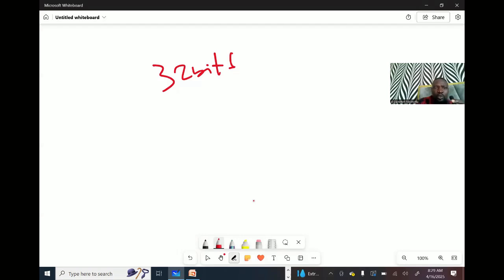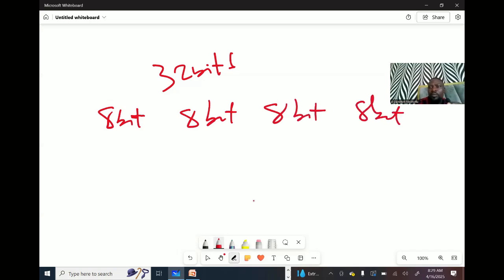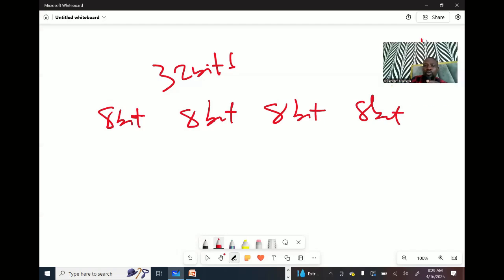That means these 32 bits are being split into 8 bits, 8 bits, 8 bits, 8 bits. It is being split into 4 places, and they are being separated with a period, dot, dot, dot.